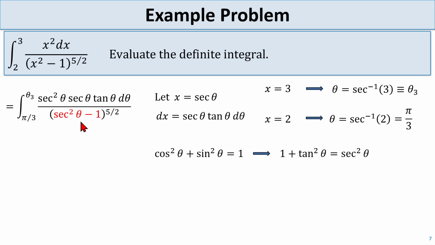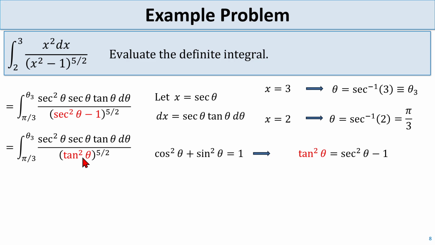Now, this expression actually has secant squared minus 1, so what I need to do is subtract the 1 to the other side. And after I do that, I see that secant squared of theta minus 1 is just equal to tangent squared of theta. So this expression in the denominator can be replaced by a tangent squared.